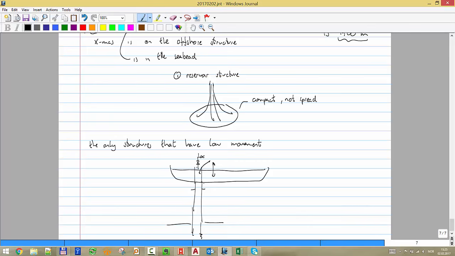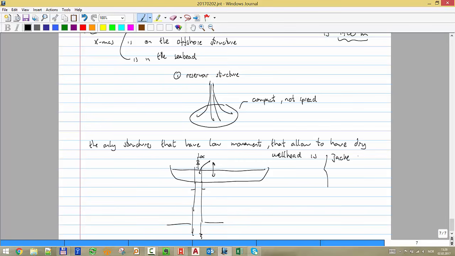So really the only structures that have low movement that allow dry wells, or dry wellheads, shouldn't say wells but wellheads, is of course the jacket.